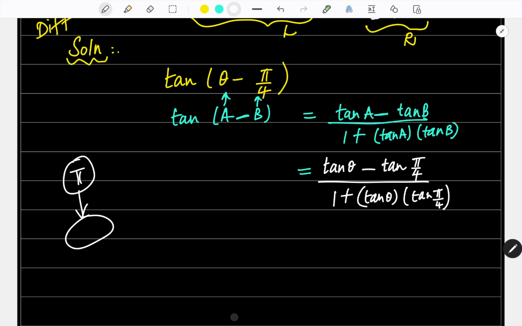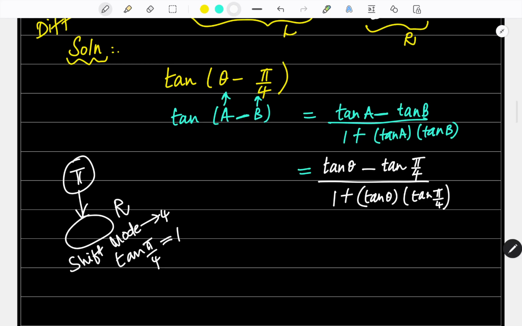So use the calculator, radian mode, which is shift mode, and then press 4. Get me the value of tan pi by 4. Yes, shift mode and then number 4, right? And then press tan, bracket open, shift pi divided by 4. We get the answer is 1.